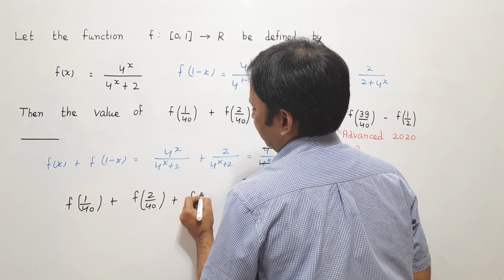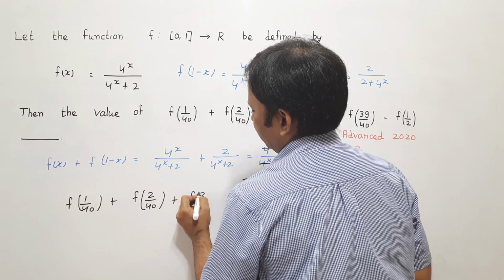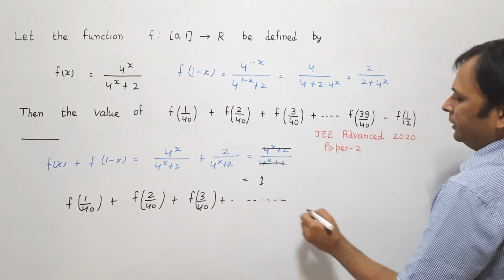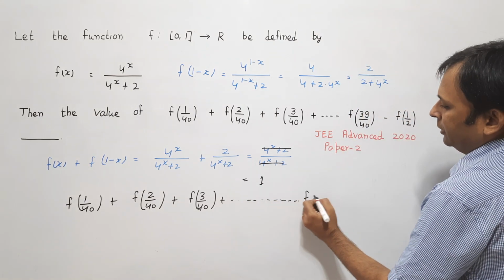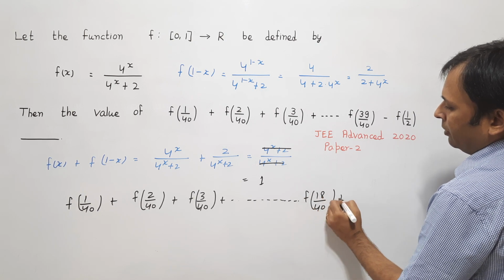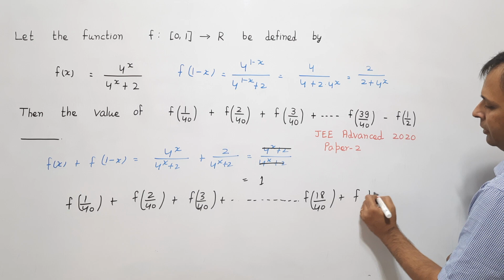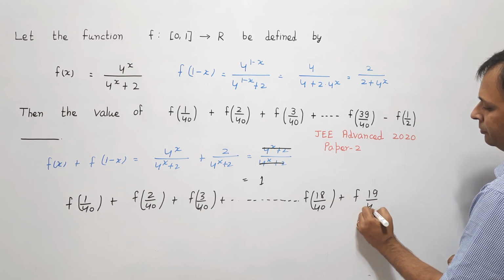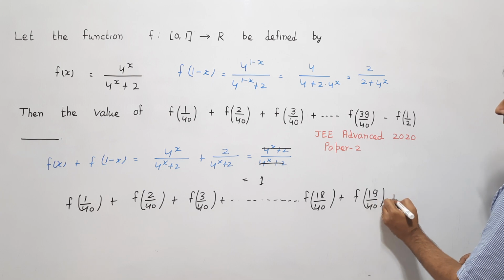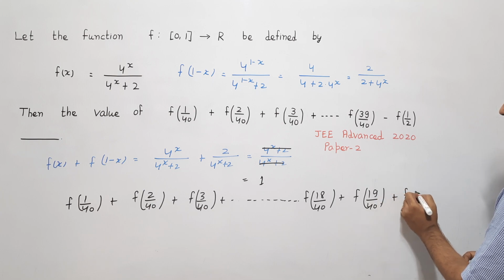plus f of 3 by 40. This goes on till say f of 18 by 40 plus f of 19 by 40, and then we have f of 20 by 40.